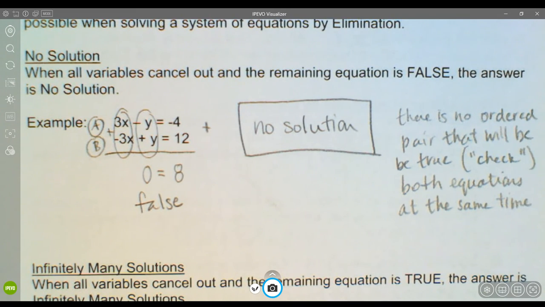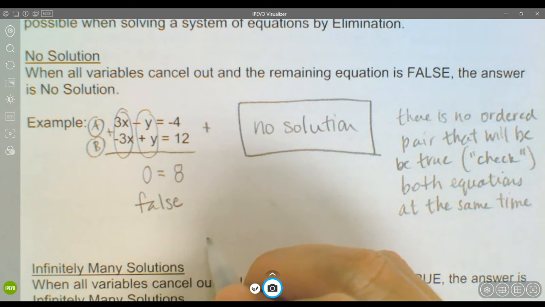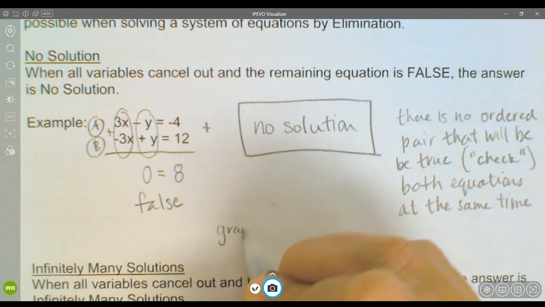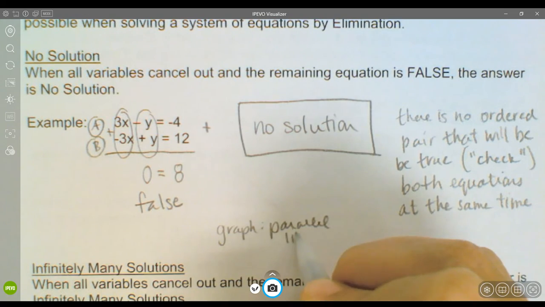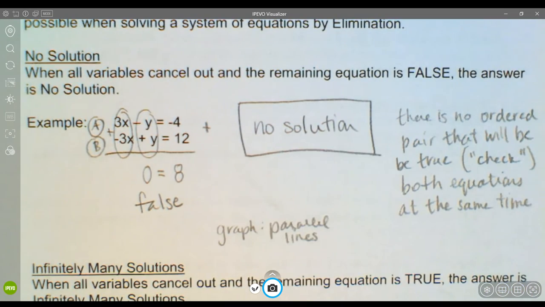Okay? Remember, whenever we graphed it, we got parallel lines. So keep that in mind.